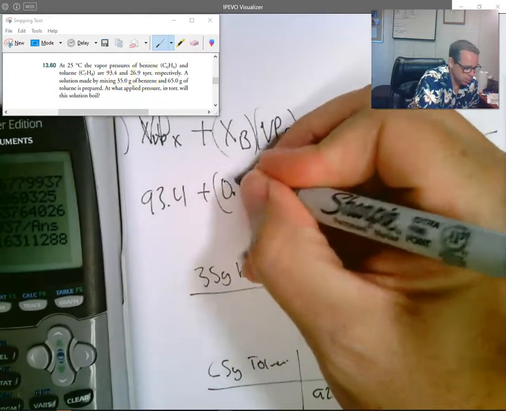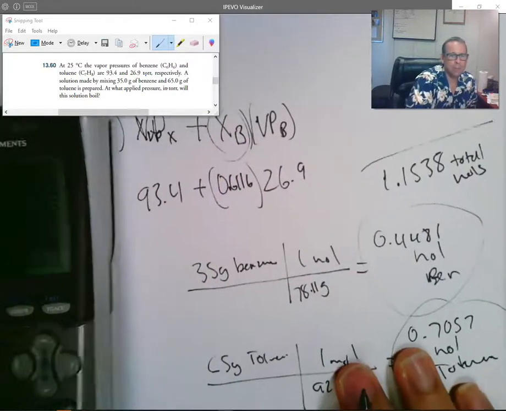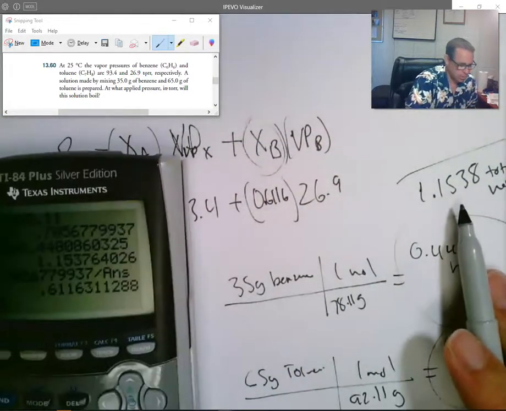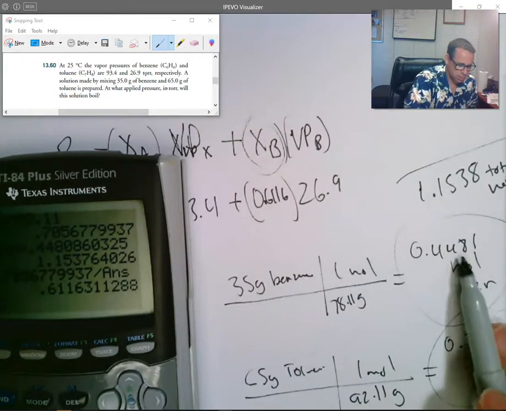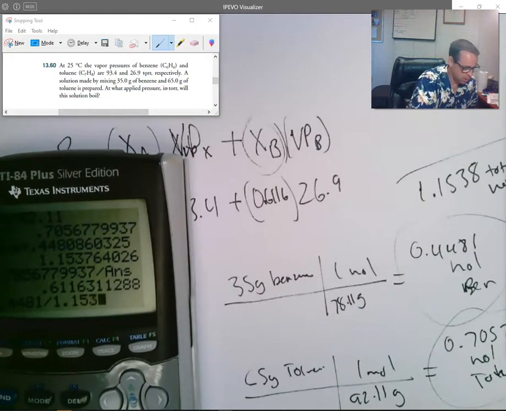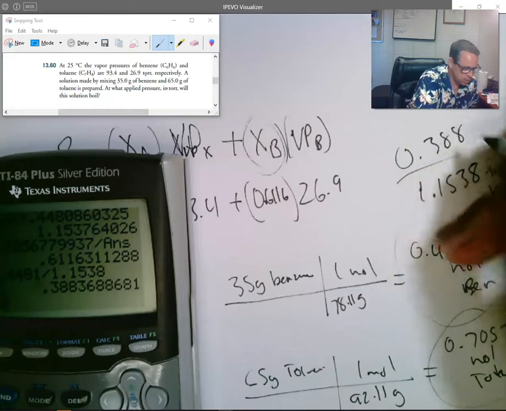So 0.6116 is the mole fraction. Okay, now I'm looking for the mole fraction of A. I'm going to take 0.4481 divided by 1.1538. Total mole, or mole fraction, 0.388.